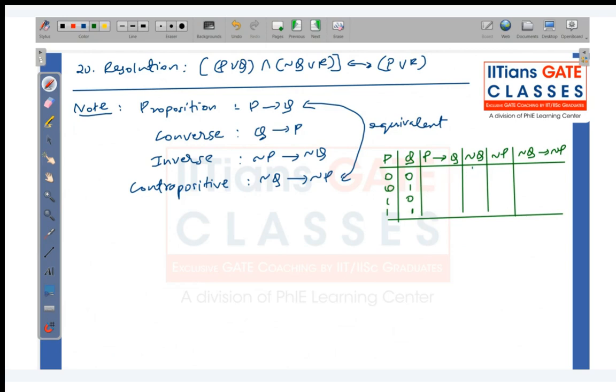Negation of Q will be 1, 0, 1, 0. Negation of P is 1, 1, 0, 0. P implies Q is 1, 1, 0, 1. Negation of Q implies negation of P is 1, 1, 0, 1. True implying false is the only issue. These two are the same.